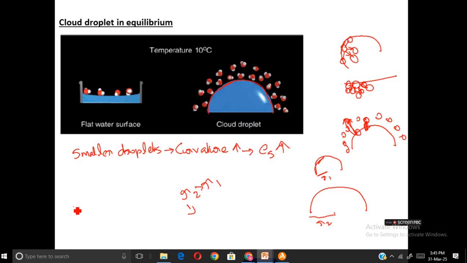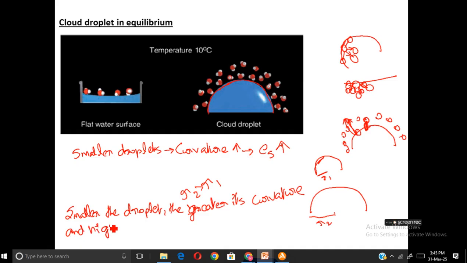So the smaller the droplet, the greater its curvature and the higher the supersaturation needed to keep it in equilibrium.